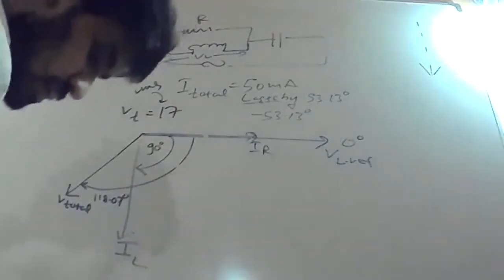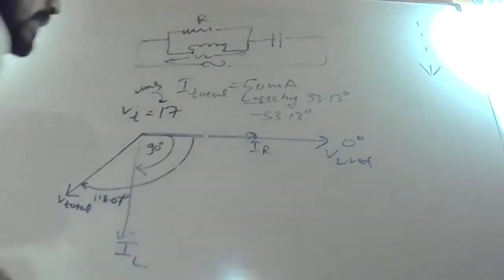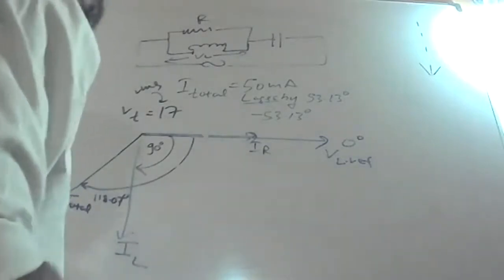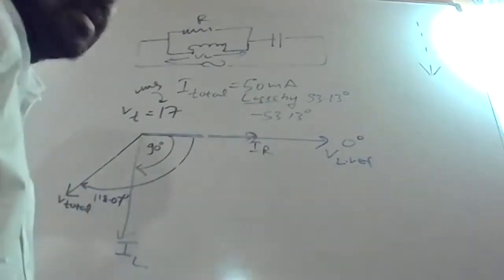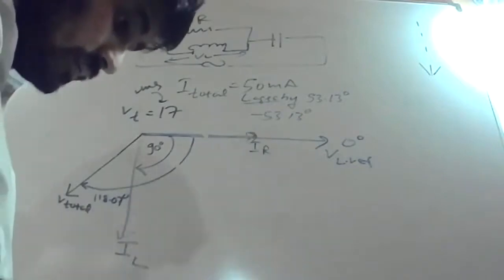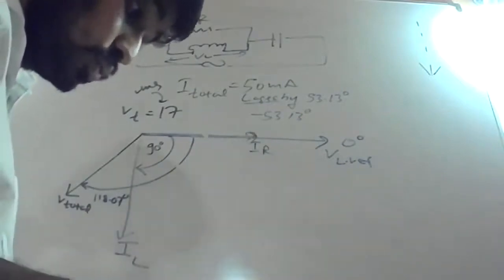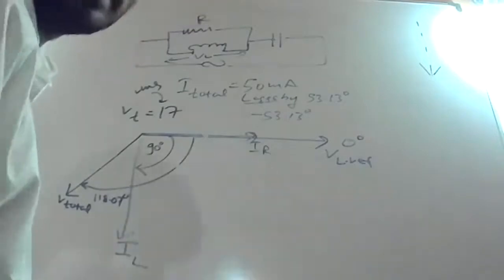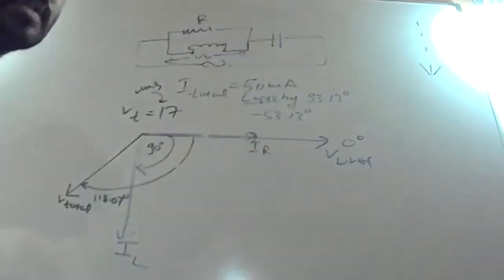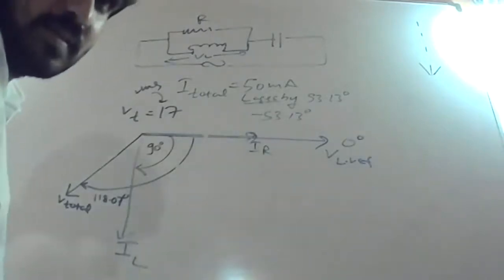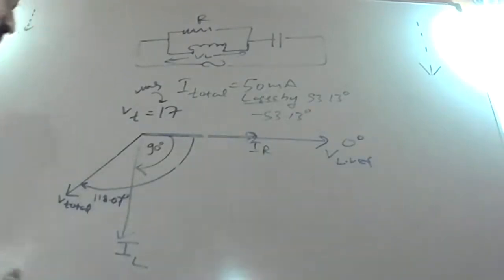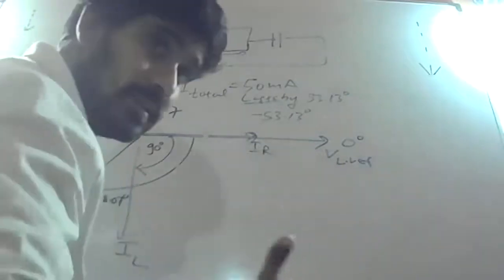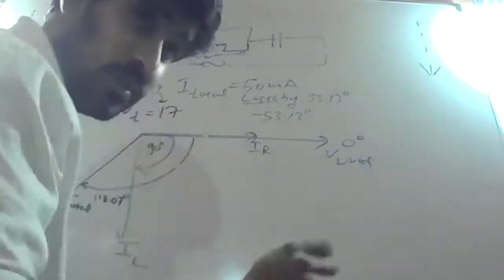The total voltage. And what is the next remaining one? Now we didn't mark the voltage across the capacitor. I told you there are certain ways where we can evaluate that, and that is already explained in the solution note.